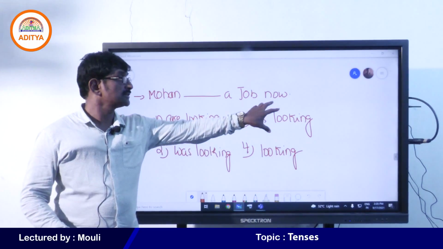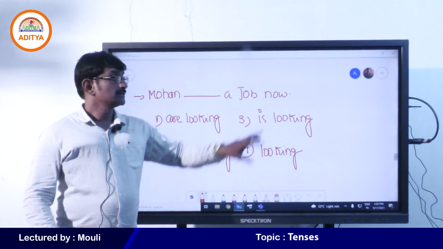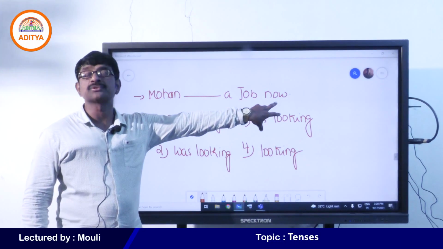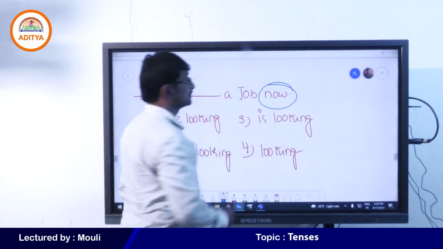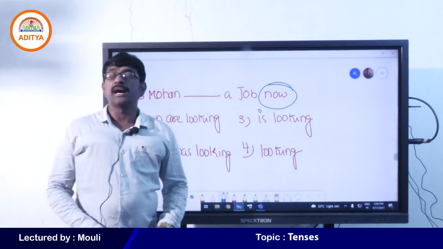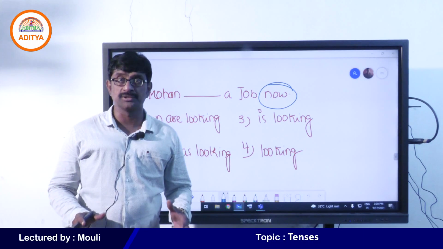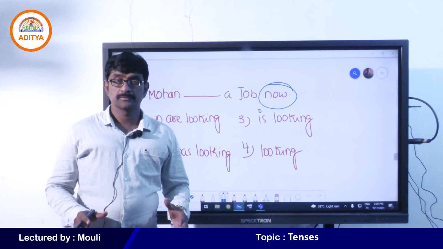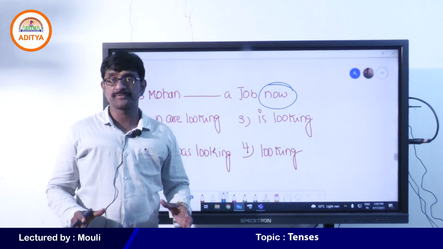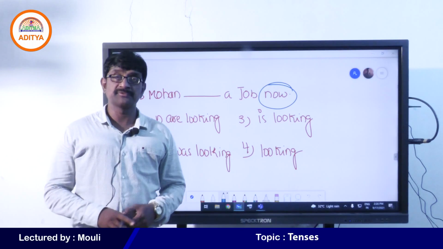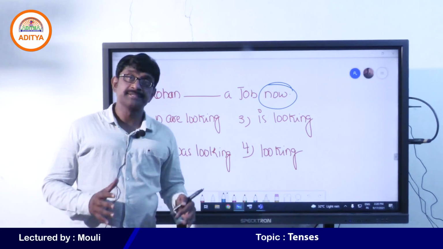First, let us concentrate on the adverb of time. This is called adverb of time, students. So let us focus on that adverb of time, "now". I told you many a time that whenever we find an adverb of time, with the help of the adverb of time, we can decide the tense.